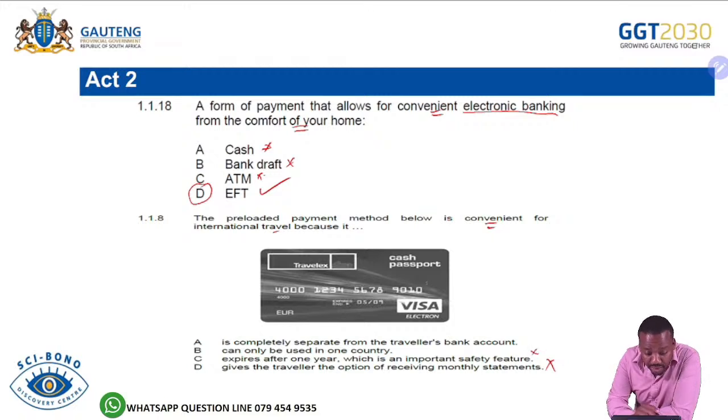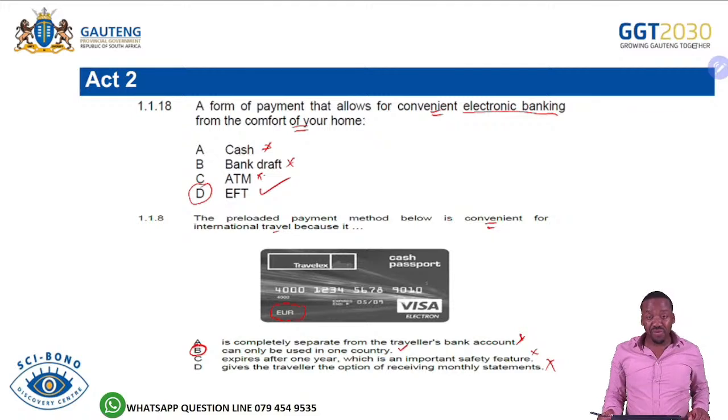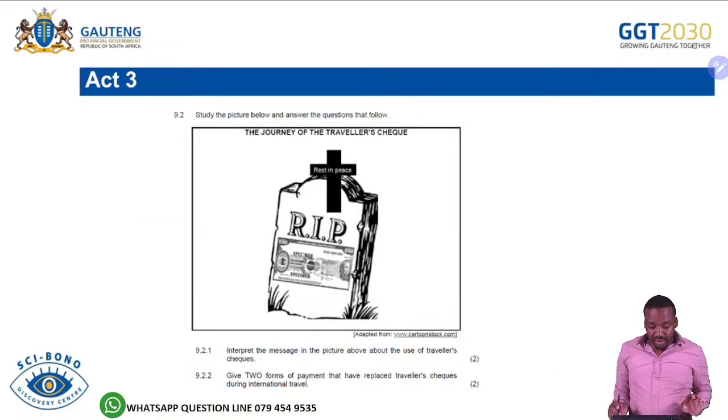In this context, they are saying the preloaded payment is convenient for international tourists because it can only be used in one country, here they are talking about the euros. So the correct answer there will be B.